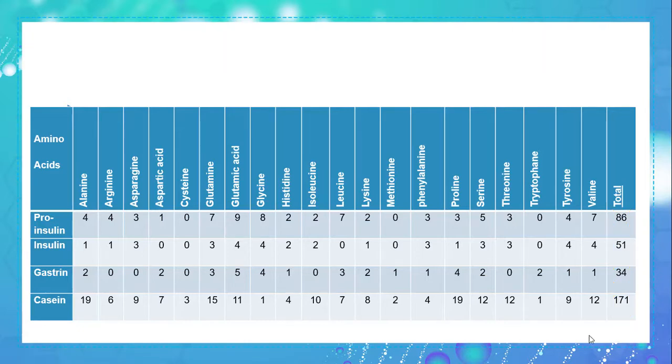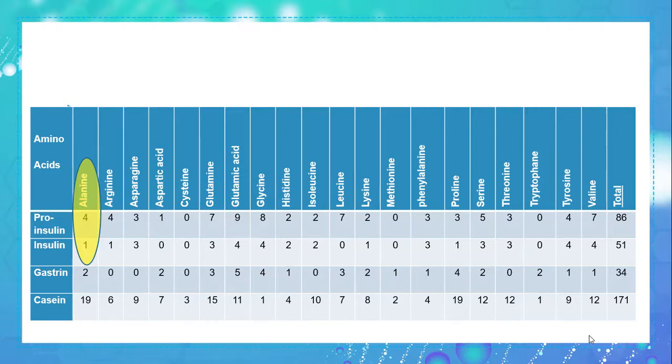If we refer to the same table again, we notice that different types of proteins may constitute the same types of amino acids, but with different numbers. For example, if we take the first two proteins, proinsulin and insulin, we notice that they both constitute alanine, where proinsulin has 4 more than insulin, which has only 1 alanine molecule.